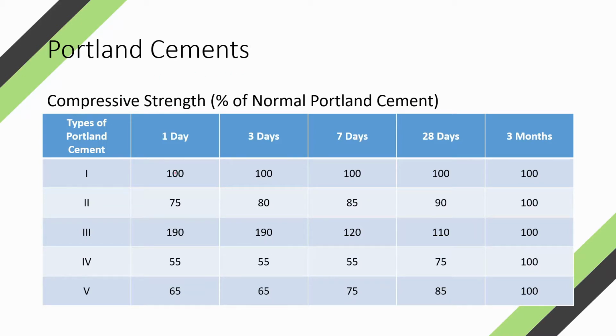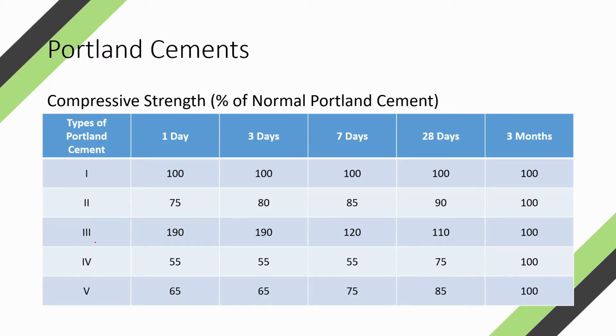So, for type 1, day 1 up to tuloy-tuloy na throughout its life is it will gain 100% of the strength of the concrete. So, type 2, at day 1, it will gain only 75% of its strength. And at 28 days, it will have almost 100% of its strength.